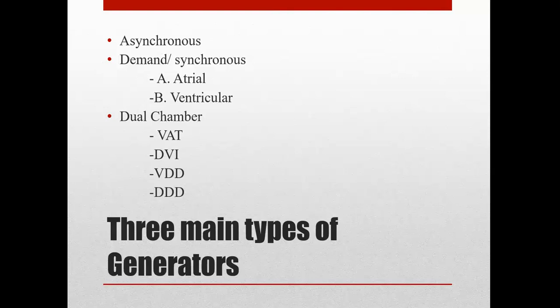Okay, so we've got three main types of generators. We've got asynchronous, demand asynchronous, and then a dual chamber. So the asynchronous generator delivers a pacing stimulus at a set rate. The stimulus is delivered regardless of the occurrence of spontaneous myocardial depolarization or the patient's intrinsic heartbeat.